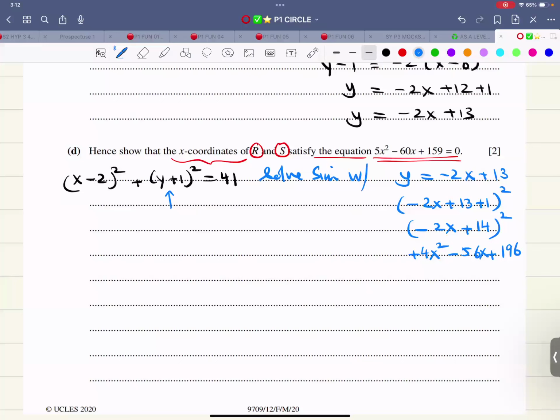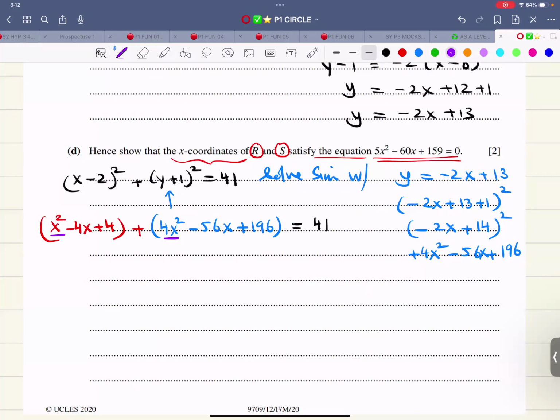All good? So therefore, (x minus 2) whole square, let me first expand this. This is x square minus 4x plus 4. And over here, let me expand this blue one, which is 4x square minus 56x. And this is plus 196. And this equals to how much? 41. So just have a quick look. This is x square.